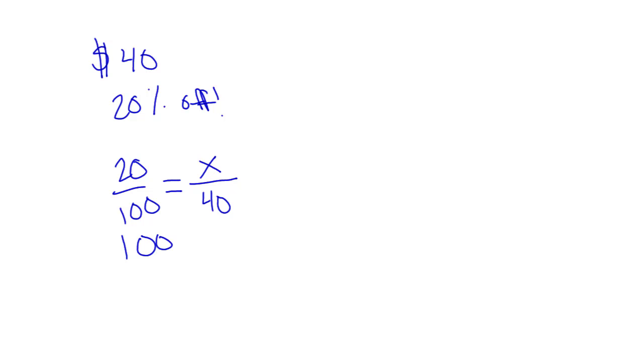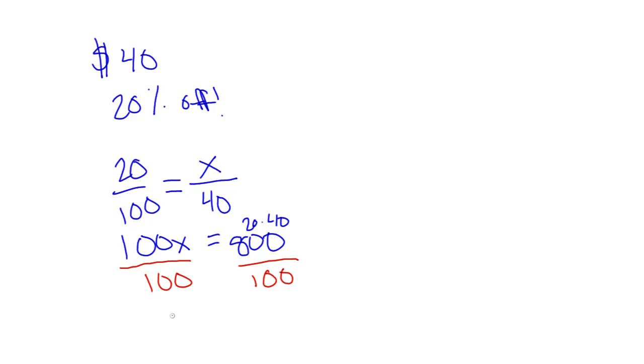We get 100 times X over here, and 20 times 40 gives us 800 over here. And we set them equal to each other because everything here is equivalent. Now, to get the X all alone, we divide by 100, which gives us X is equal to 8. So 20% of $40 is $8.